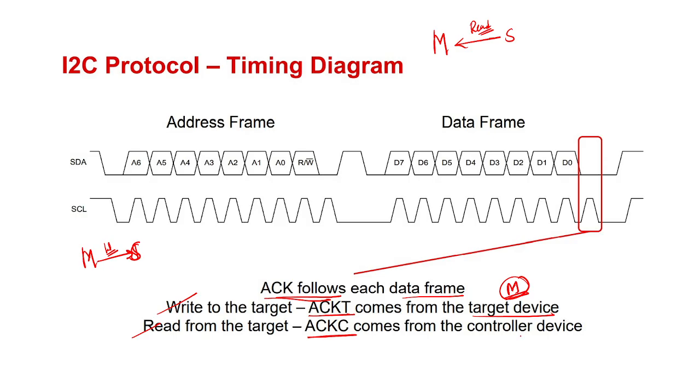ACKC comes from the controller. That controller will say that it has read the 8 bits of data. If it is a read operation, we get ACKC. If it is a write operation, that is ACKT, which comes from the target, that is the slave.